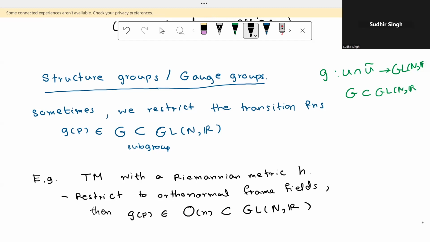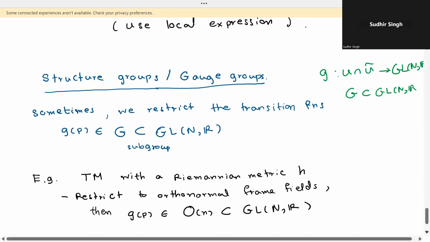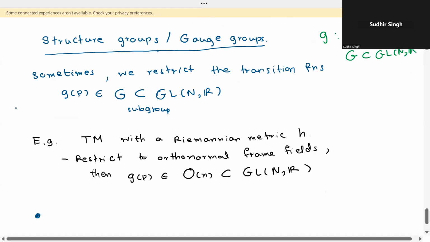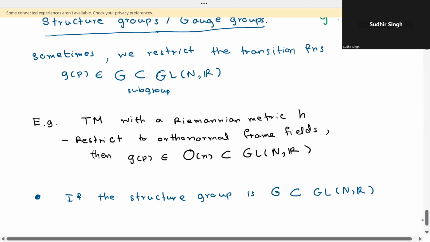And suppose this happens, and in what we consider, we have the structure group, which is not GL(n,R), but some G which is a subgroup, and in fact let it be a Lie group too.